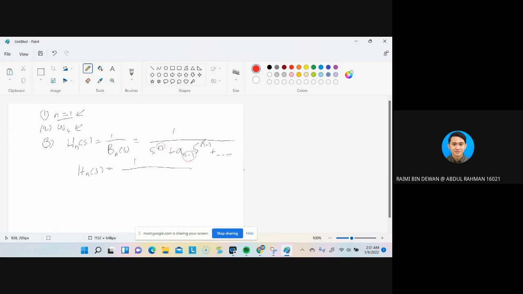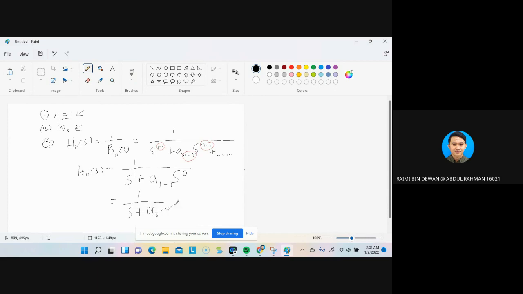So you will have s1 plus a, because n equals 1, 1 minus 1, and then s1 minus 1, 0. Anything with power of 0 is equal to 1, right? So you will have 1 over s plus a naught.